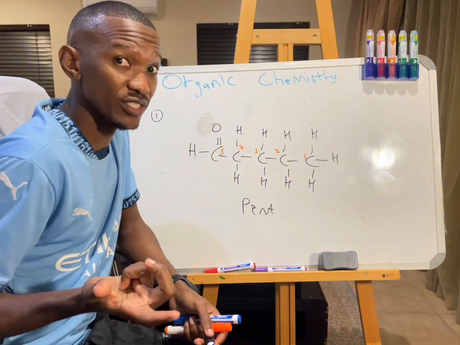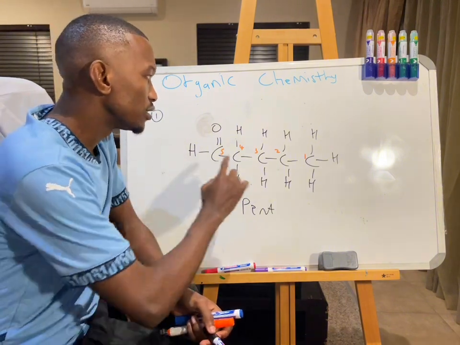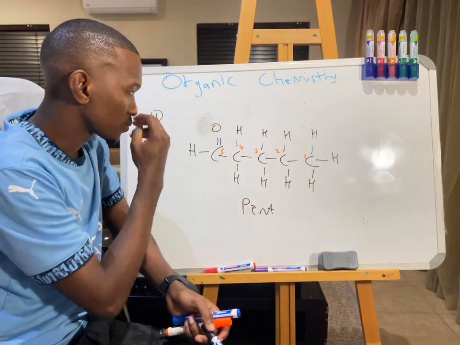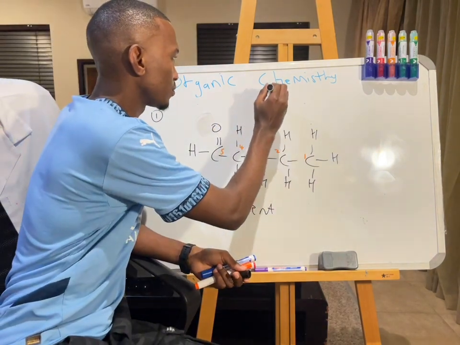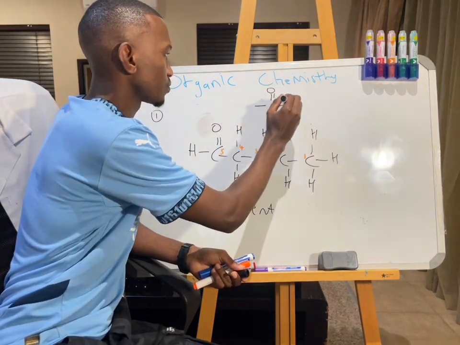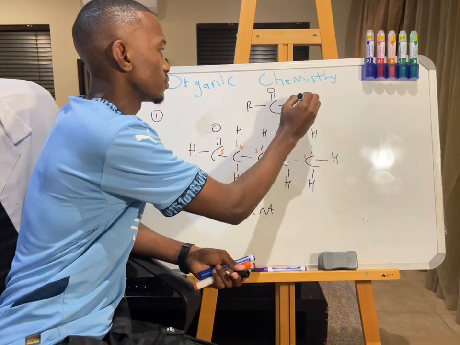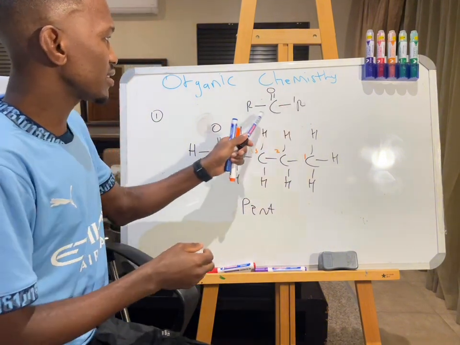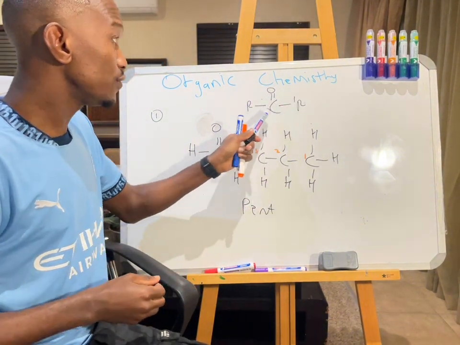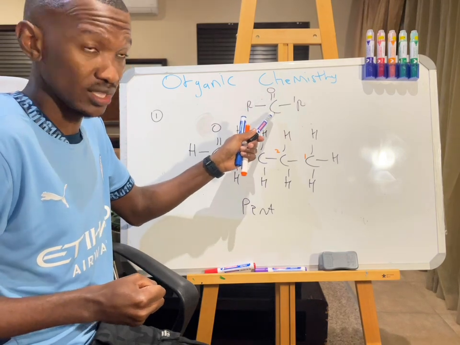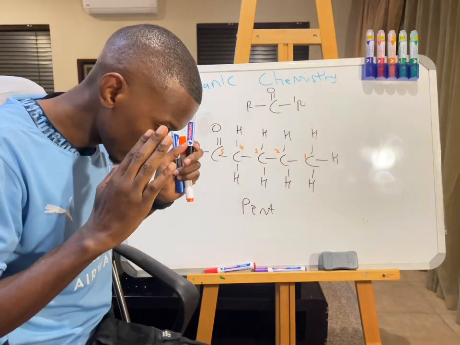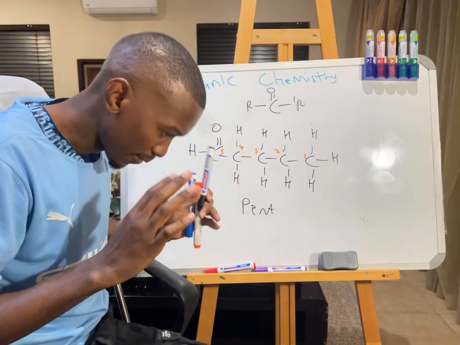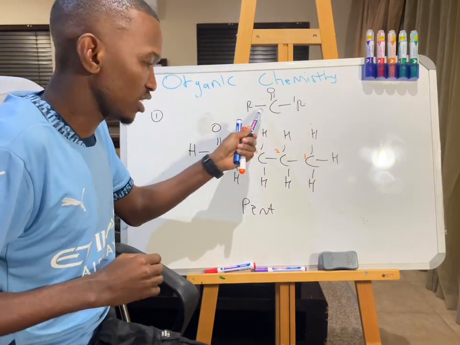I must look at the functional group right now. So let's see the functional group. I see this double bond of, guys, this guy. If you see the double bond of oxygen surrounded by 2 carbon atoms, hear me out for the last time.